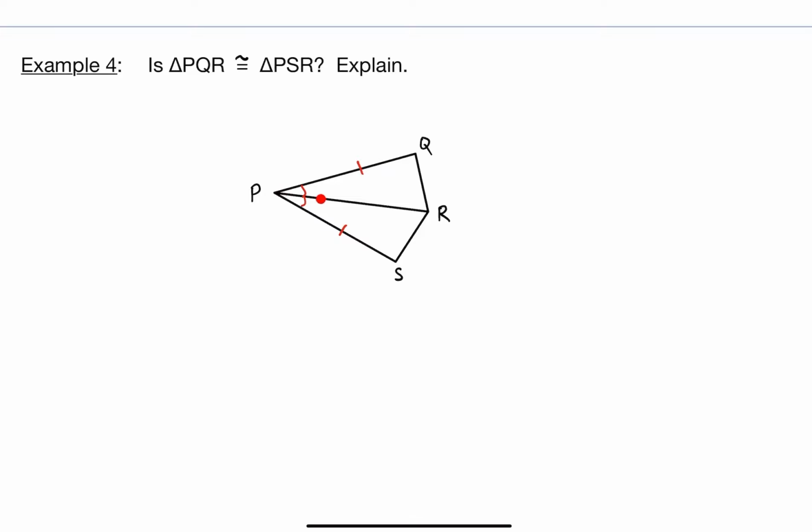And both of those triangles share side PR. And so we have a side angle side scenario. So then the answer to this is yes, because of side angle side congruency. Oops, spelling this wrong. E-N-C-Y.